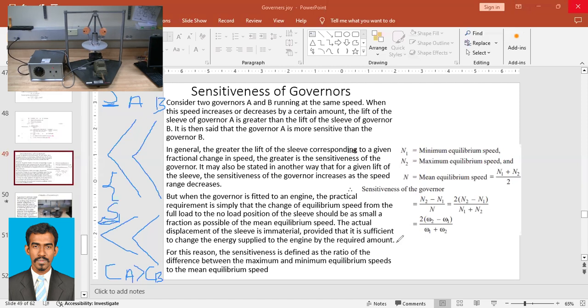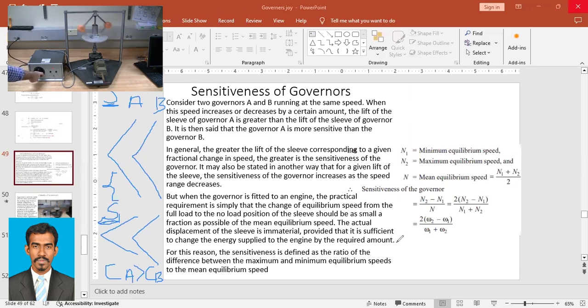We have discussed already while discussing governors that the purpose is to either increase or decrease the working fluid supply depending on the load on the engine. So it is enough if it can regulate the working fluid supply depending on the load on the engine. If the load is increasing, we need to increase the speed, because the speed will decrease automatically.